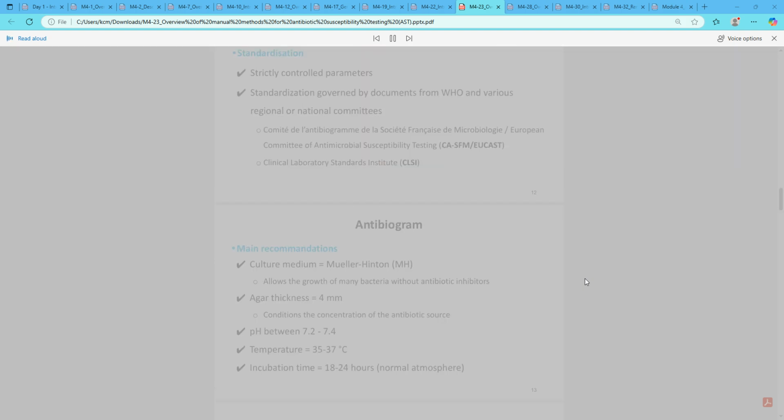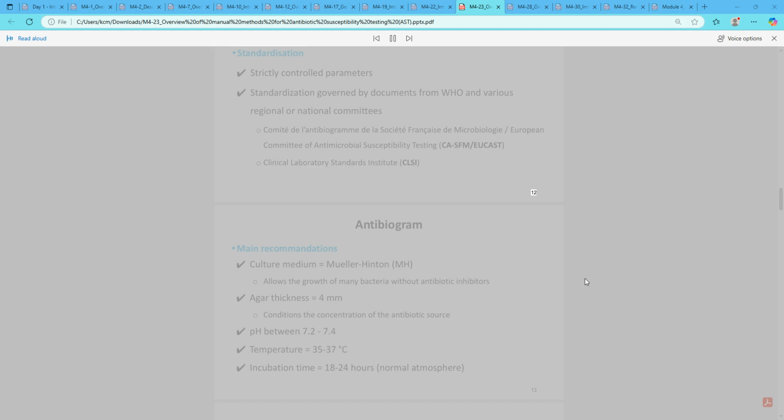Standardization with strictly controlled parameters, governed by documents from WHO and various bodies: the Comité de l'antibiogramme de la Société Française de Microbiologie, the European Committee on Antimicrobial Susceptibility Testing, CA-SFM/EUCAST, and the Clinical Laboratory Standards Institute, CLSI.